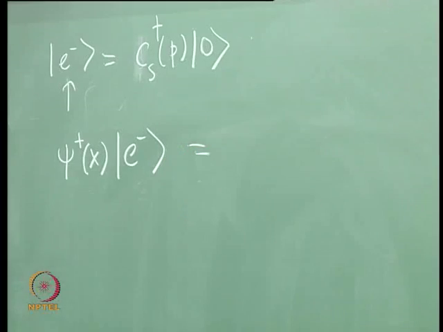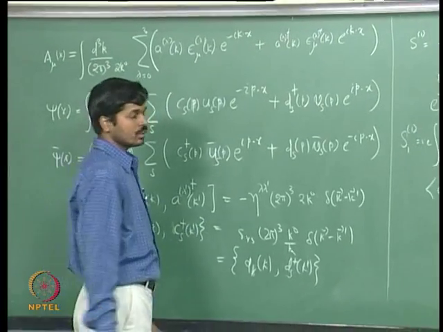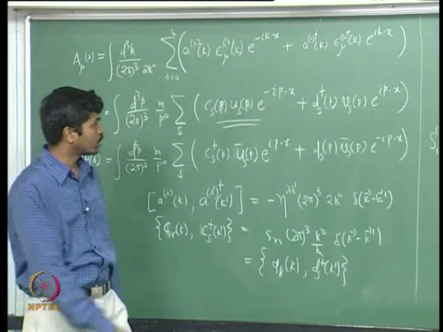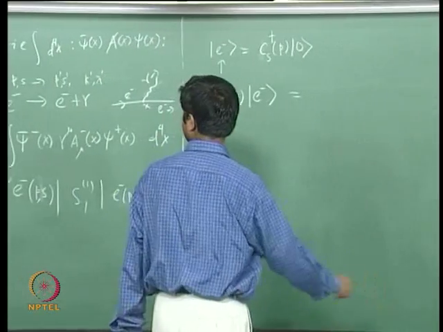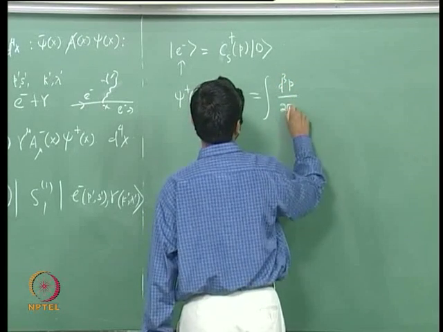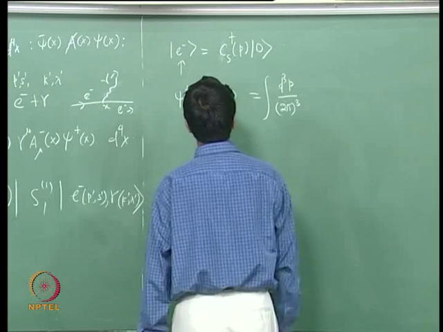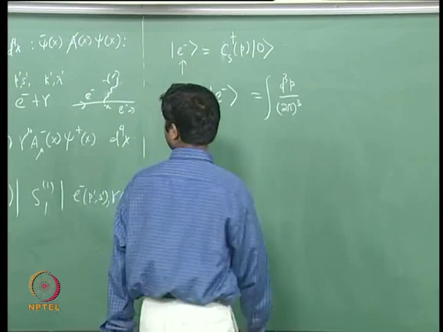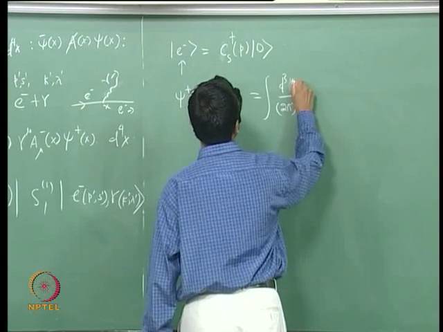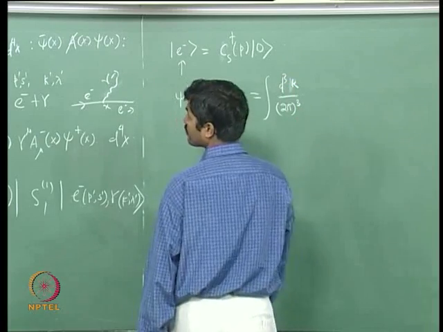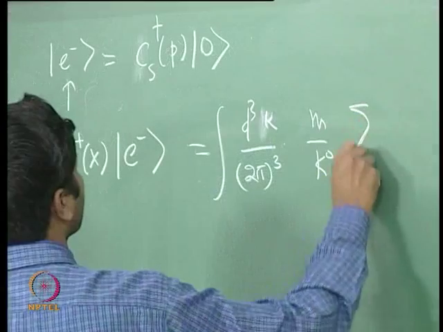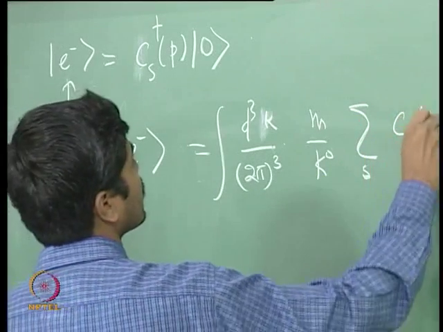So, what is psi plus of x? We can look at this expression here. Psi plus of x is given by this term: d3k over 2 pi cube, and let us use the integration variable to be k, m over k0, sum over s, c s k.